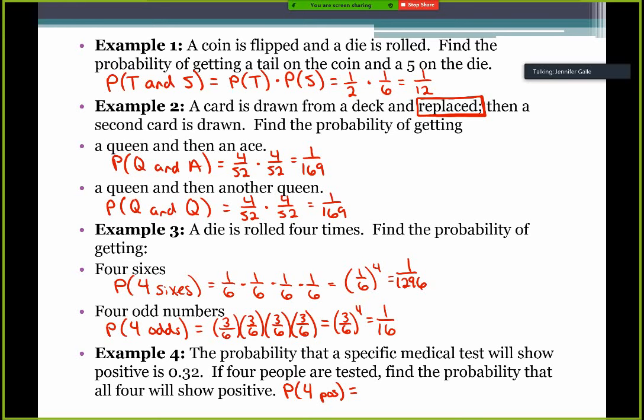No. They're not going to affect patient 2, 3, or 4. None of their results affect the other person's. So if I want 4 positives in a row, you're going to have that 0.32 or 32%, you're going to have that 4 times. So instead of writing that out 4 times, let's use that awesome exponent feature.